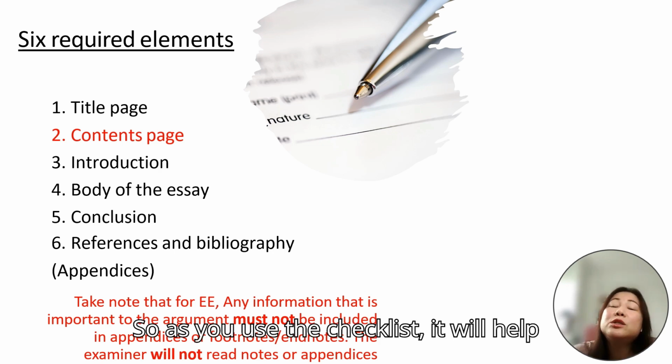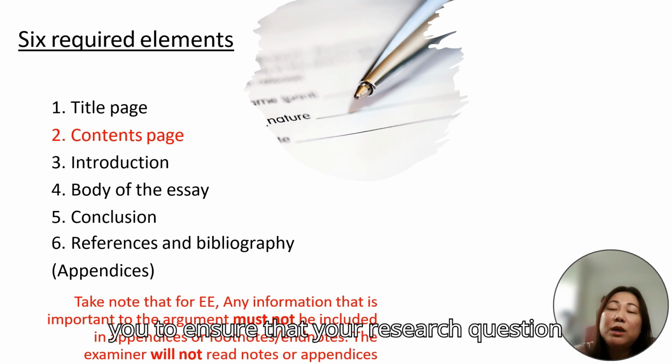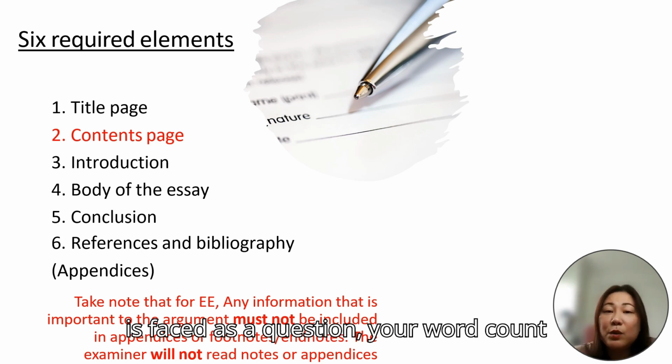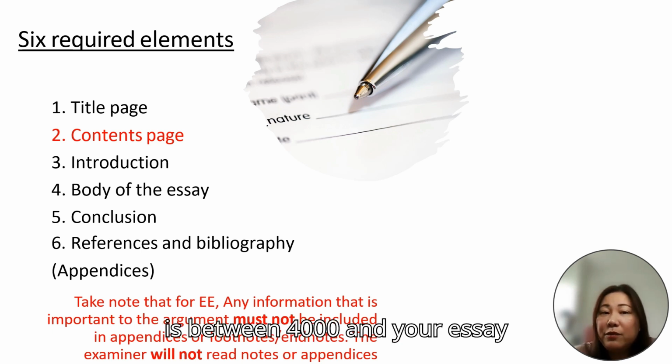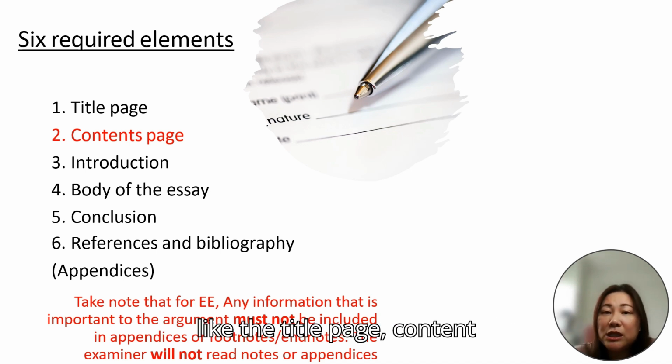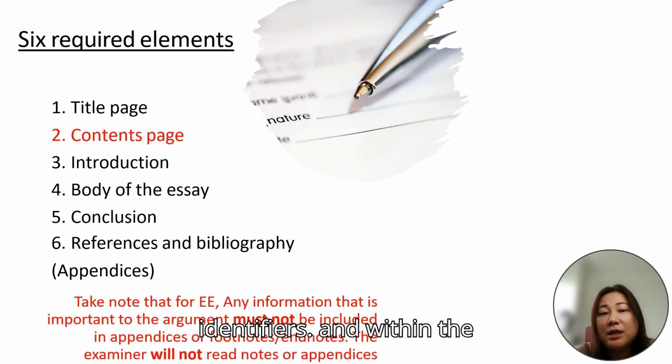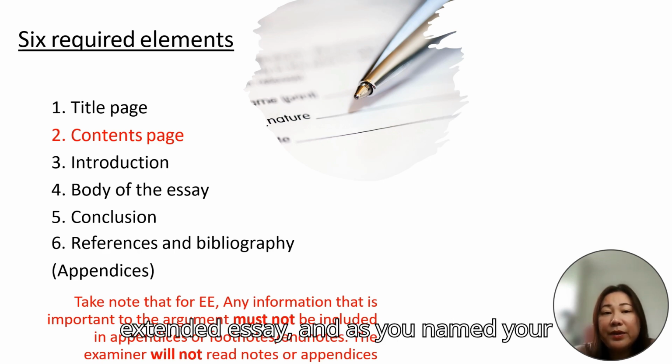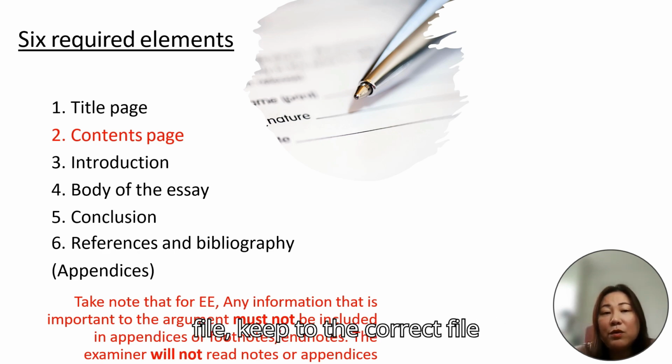Okay, so as you use the checklist, it will help you to ensure that your research question is phrased as a question, your word count is within 4,000, and your essay includes the relevant required sections like the title page, contents page, introduction, the body, conclusion, references, and bibliography. Okay, and make sure there are no personal identifiers within the extended essay.